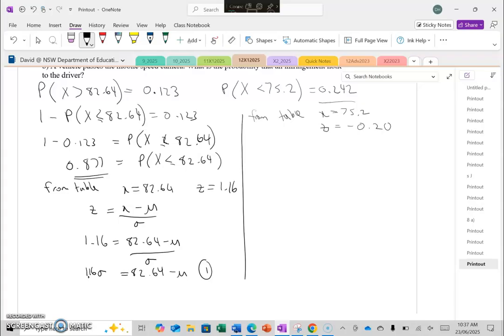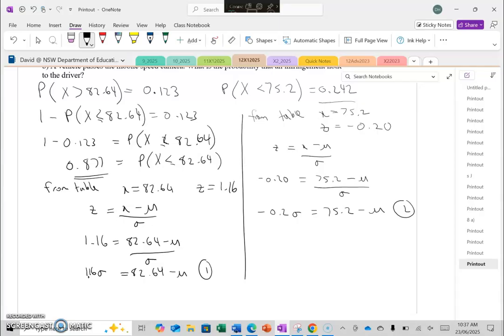So I'm going to sub that into my formula. We don't know what the mean is. We don't know what the standard deviation is. Negative 0.2 sigma equals 75.2 minus mu, and that can be equation 2. So I've got two equations, two unknowns, I can solve.